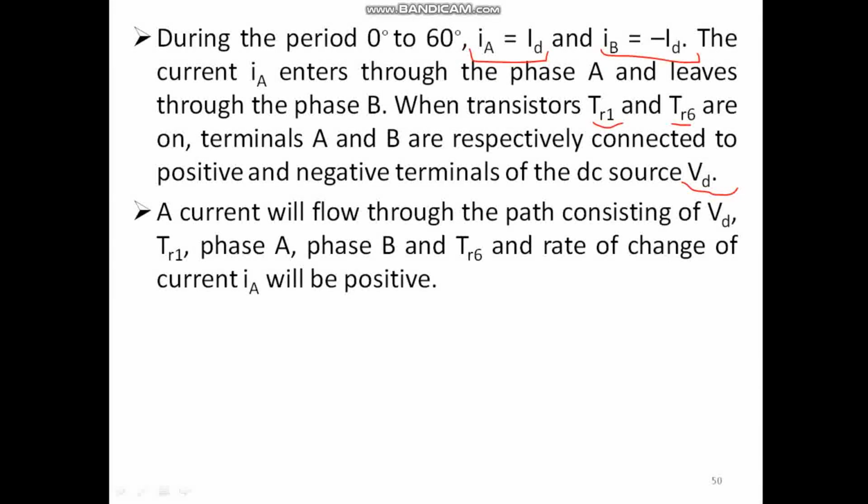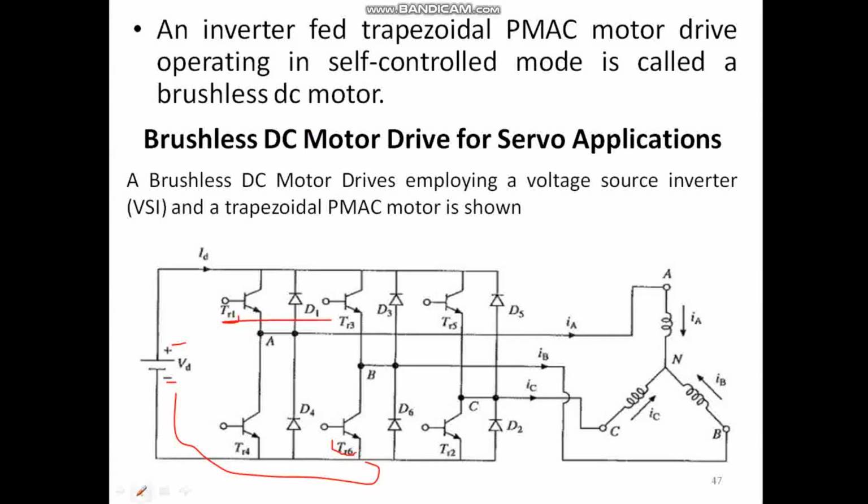Next point: a current will flow through the path consisting of VD, TR1, phase A, phase B and TR6, and the rate of change of current IA will be positive. To analyze this, what is said?